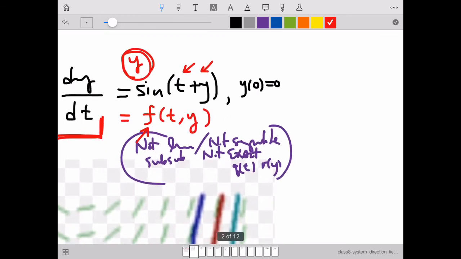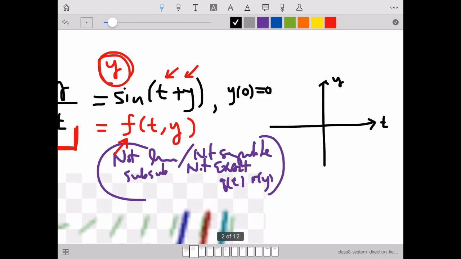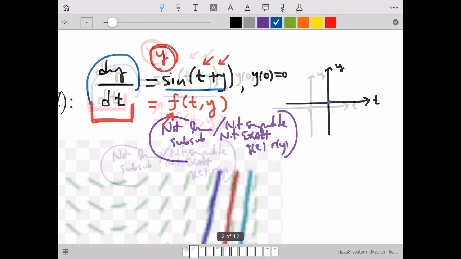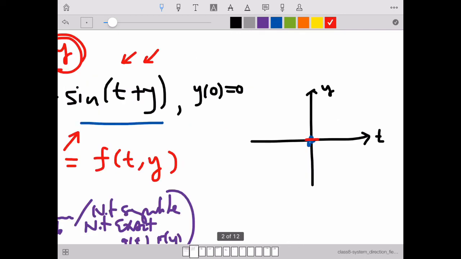So in the ty plane, for example at the point (0, 0), sine 0 is 0, so the slope dy/dt is 0, and we draw a little arrow with slope 0.